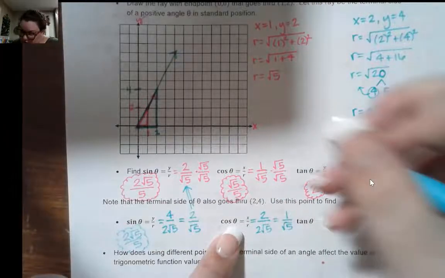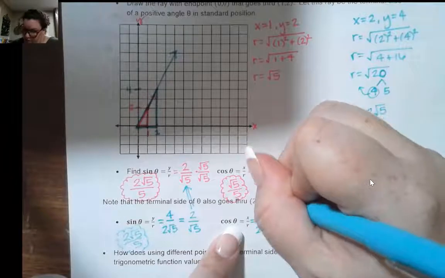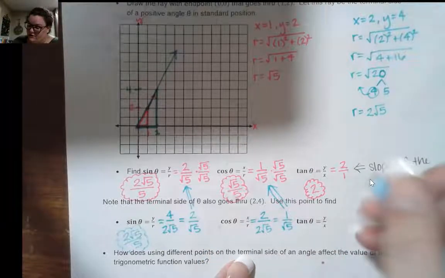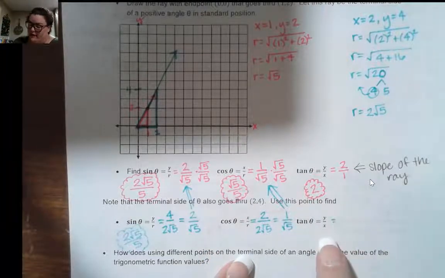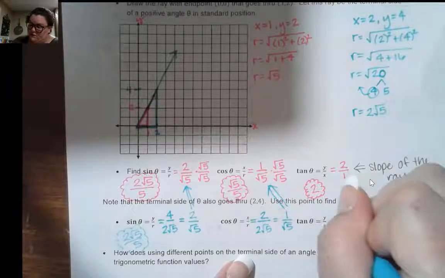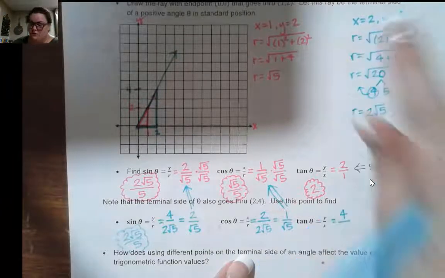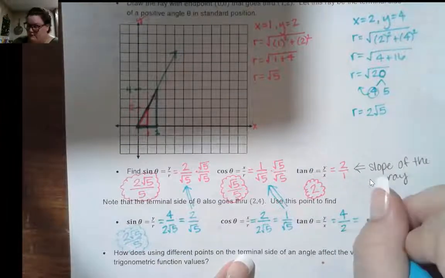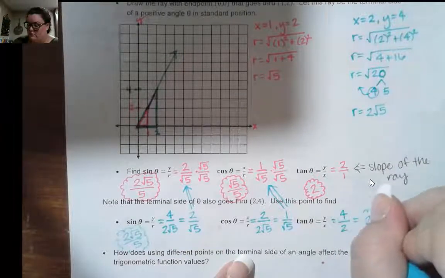And then notice that is the same value that I got before. I'm not actually going to go through simplifying it. I just want to show we're getting the same thing. And then our tangent value, same thing. If I do y over x, my y value is 4, my x value up here is 2, and 4 over 2 does in fact still give me 2, right?